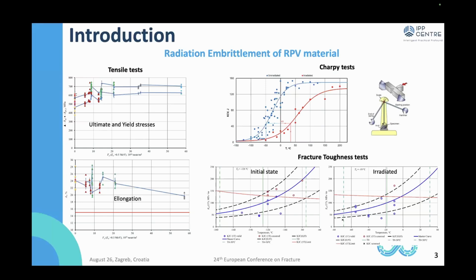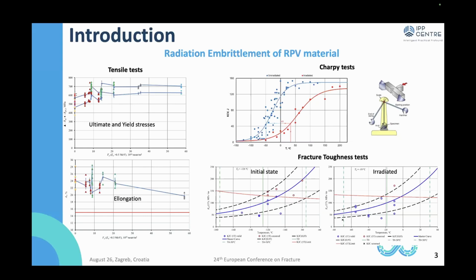So here you can see how radiation embrittlement acts. This is a WWER-1000 material. Initial condition and radiation condition. We can see the hardening effect, which consists in ultimate stress and yield stress increasing.